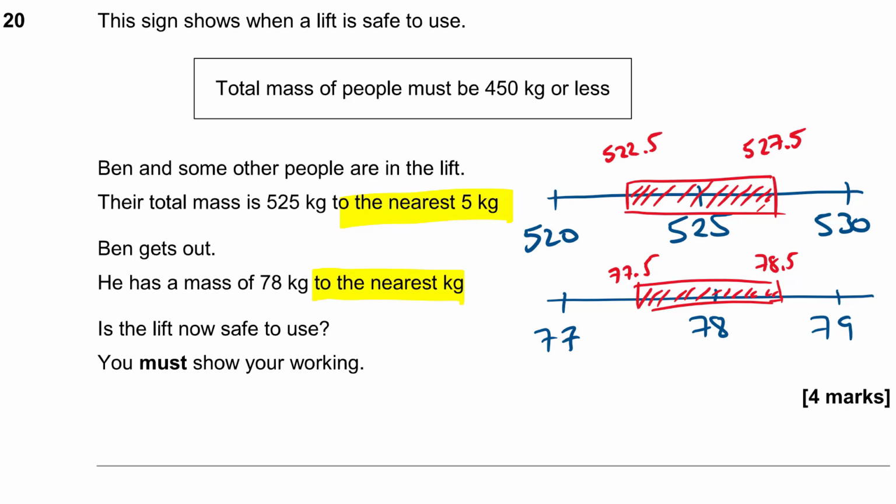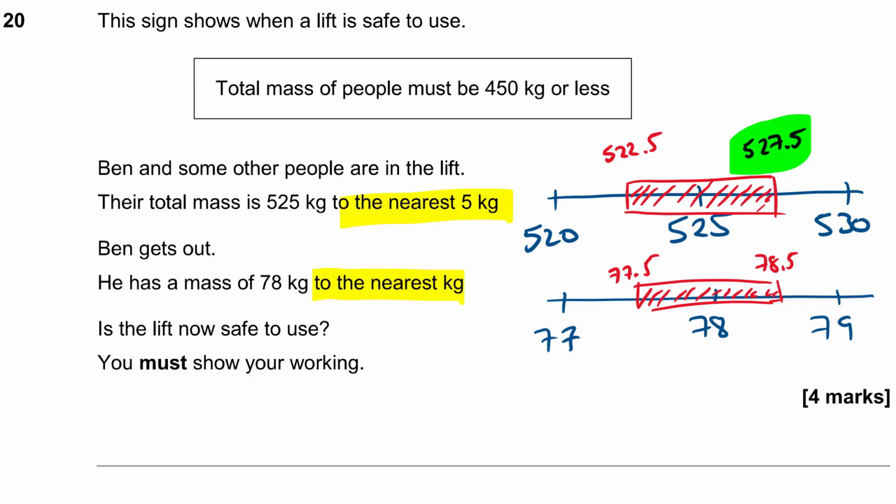Okay, let's think about everybody in the lift. We've said that they must be between 522.5 and 527.5. Now let's err on the side of caution and consider them to be at the upper bound. Obviously it can't be precisely 527.5 because that would round up to 530, but 527.4999 recurring would round down, so that's pretty much the same thing anyway.